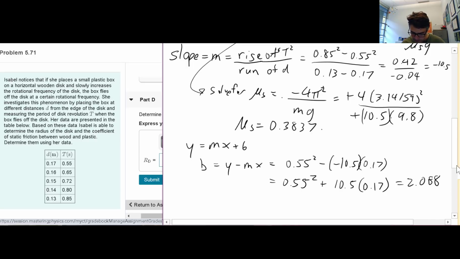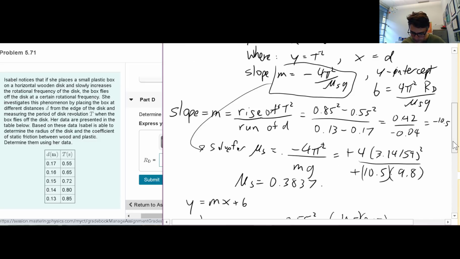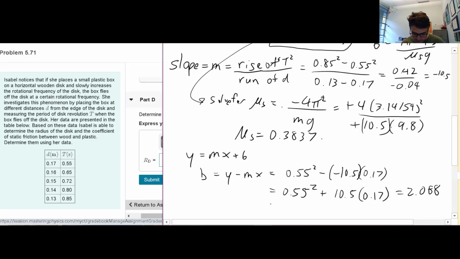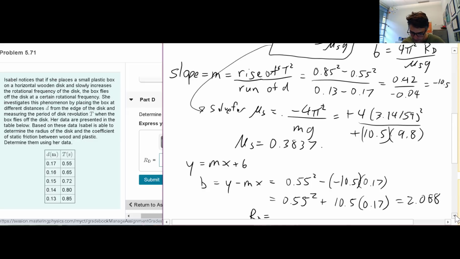That's the y-intercept. And then we had this whole thing up here that b is 4 pi squared times rd divided by, so it's going to be that rd is equal to, we just have to rearrange all this stuff for rd.